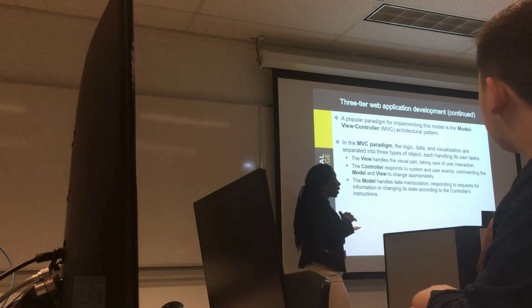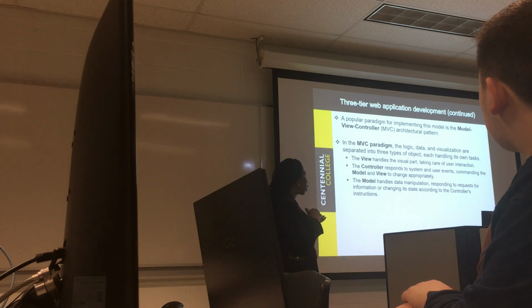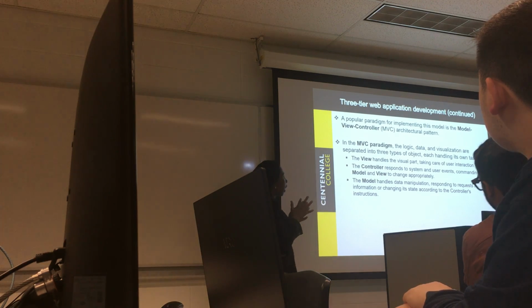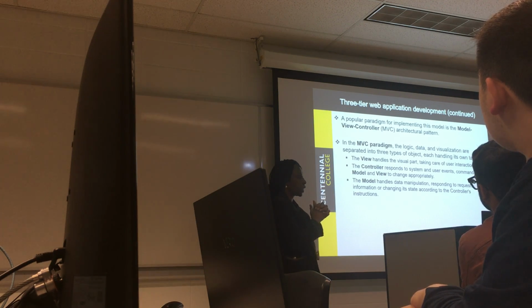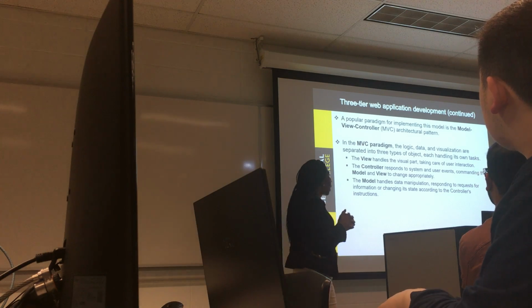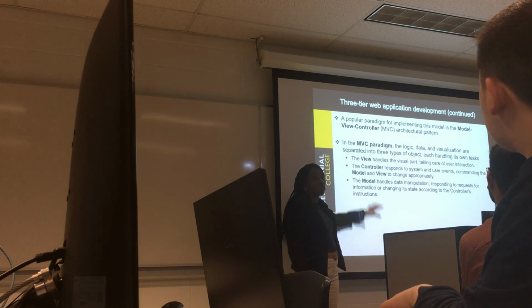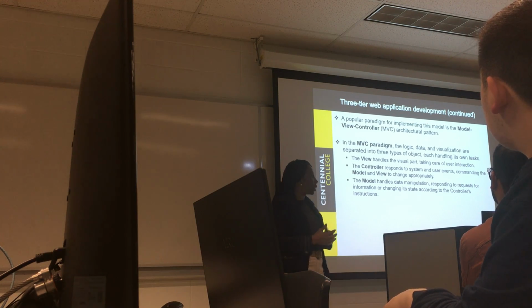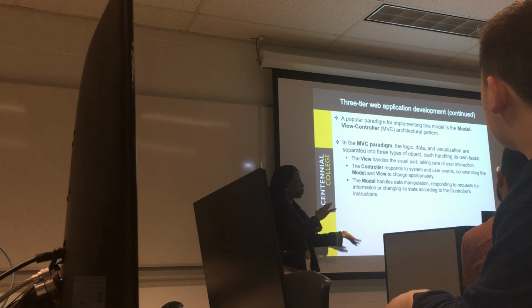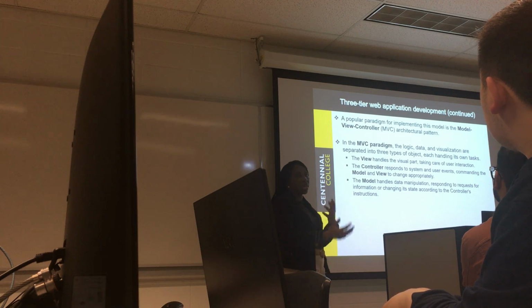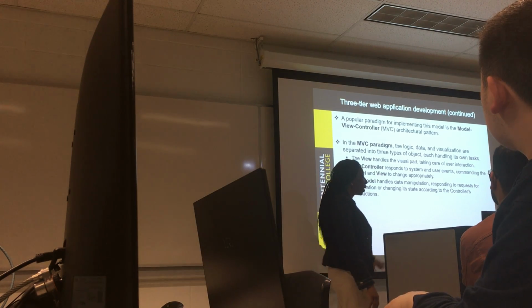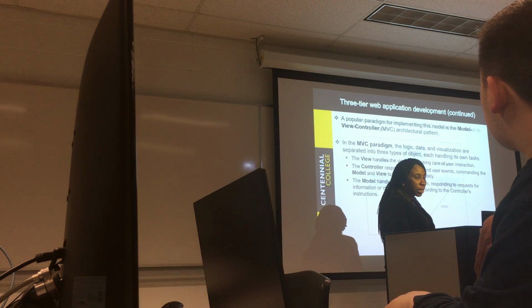So like we mentioned earlier, we are using the MVC pattern architecture. In the MVC architecture, the view, we said, handles the visual part, and it takes care of user interaction, while the controller, remember, responds to all the events, all the logic. So the controller will respond to all the events: on click, on doing this, on doing that. You see the execution. So the controller does that, and the model handles data manipulations and requests.